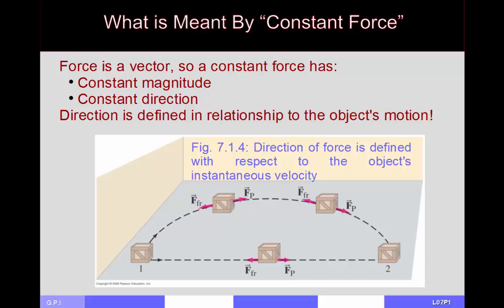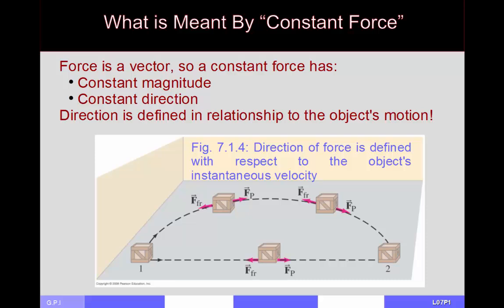One is the magnitude, the other is the direction, or you could think of it as force in X, force in Y. Of course, in 3D, that becomes 3 components, X, Y, Z. So how we're going to define direction for the purpose of a constant force is that the force has a constant direction so long as the direction with respect to the object's actual motion is remaining constant.